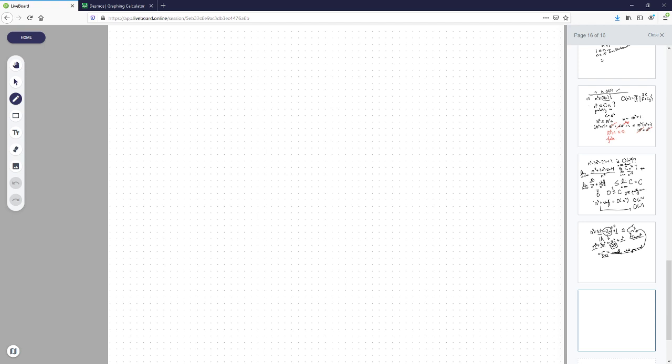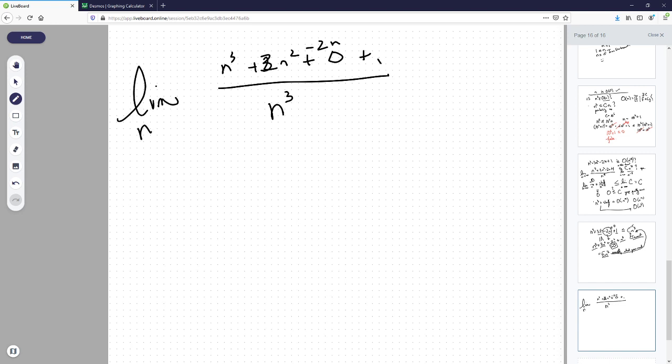So yes, you could divide by n cubed and take the limit, and you would see the same kind of thing where you would say n cubed plus 2n squared, whatever, plus 0 plus 1, divided by, technically this is a minus 2n or whatever, divided by n cubed. If you put this inside of a limit as n goes to infinity, then this is going to end up giving you, so these limits with the lower order terms, they all give you 0.